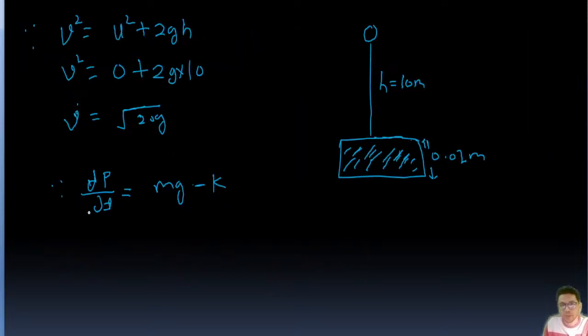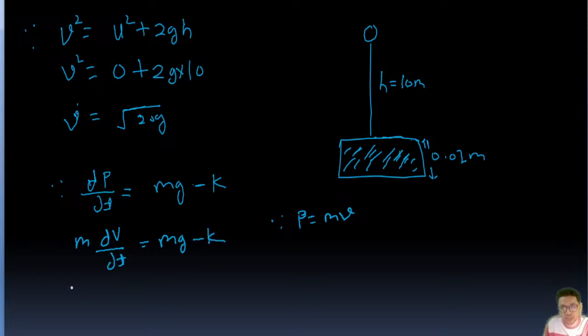Okay. Now we can write this like that, m dv upon dt, because we know p equal to mv, momentum equal to mass into velocity, equal to mg minus k.